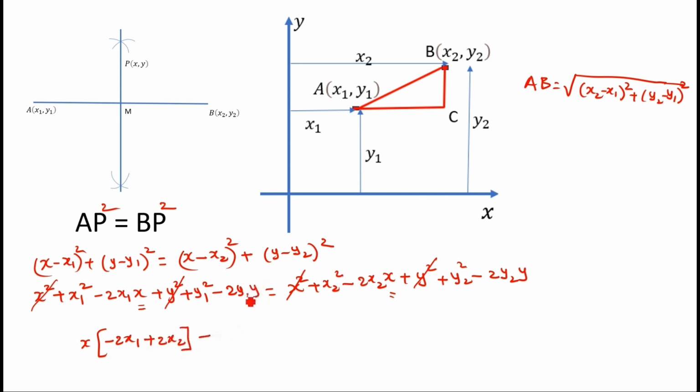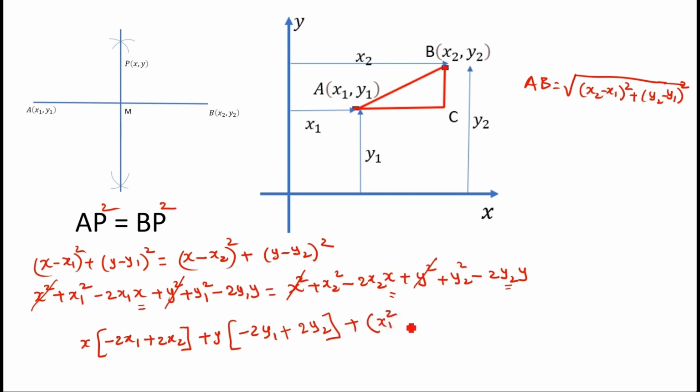Similarly, if you take y as common, on the left we have minus 2y1, and bringing it to this side the right term becomes plus 2y2. Plus what else do we have on the left side? We have x1 square, the constant.